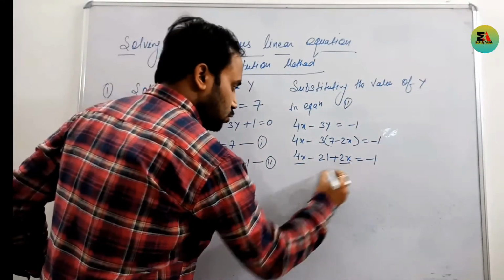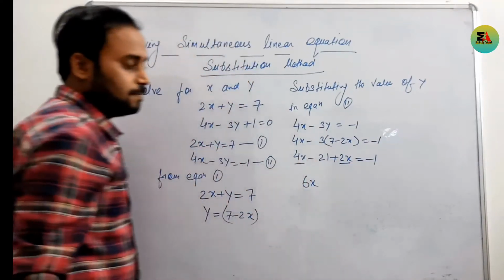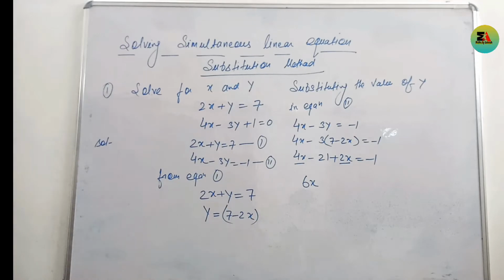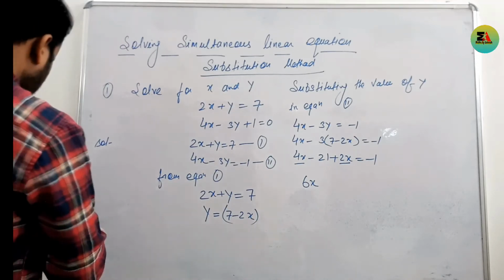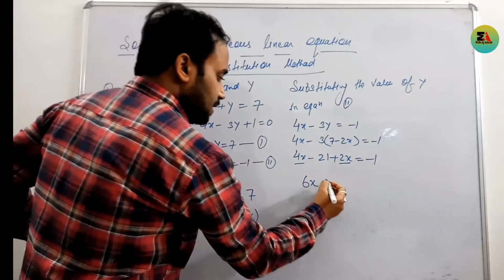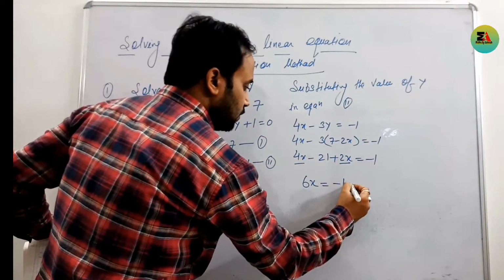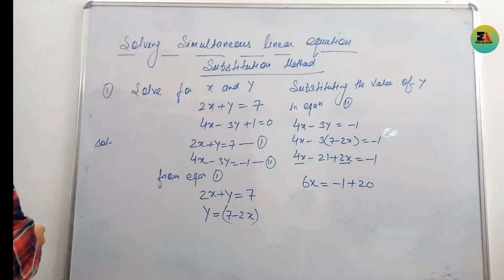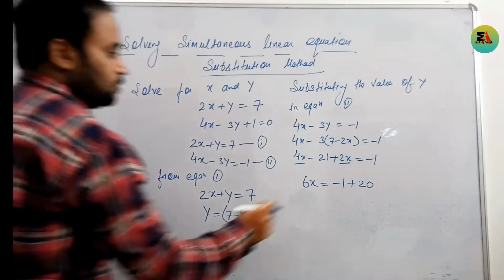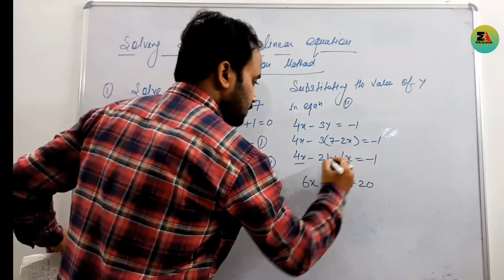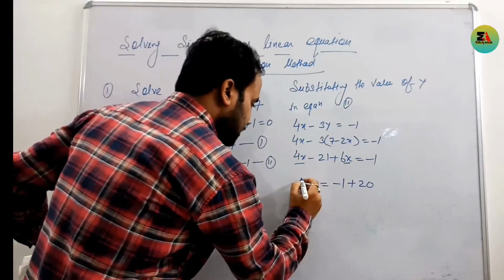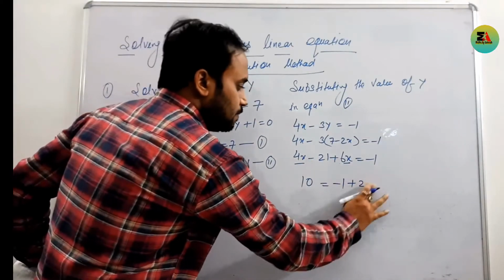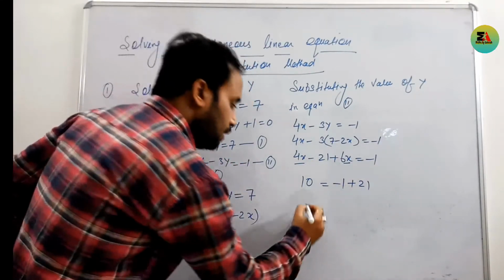Now 4x plus 6x becomes 10x. Now the constant: minus 1, and this minus 21 comes here and becomes plus 21, so we get 20.